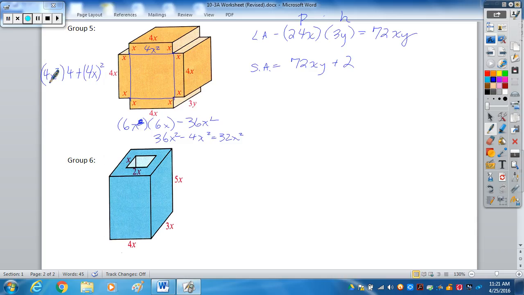So you would end up with 16x squared plus 16x squared, which would be 32x squared. Okay, so either way, it doesn't matter how you do that, but we're going to have 32x squared as one base, and if we double that, you end up with this.